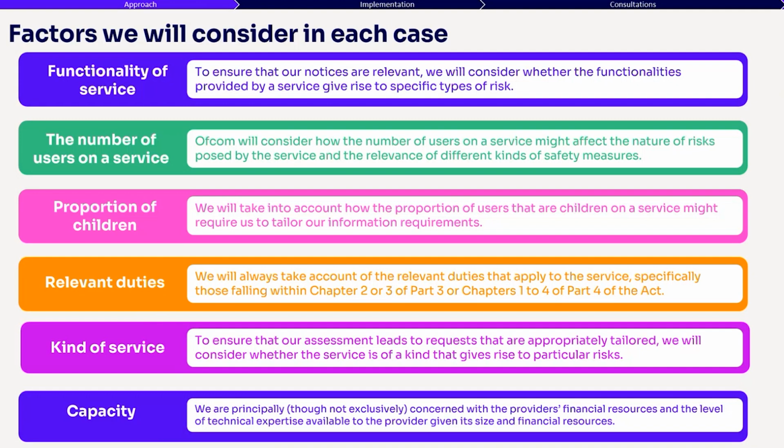The Online Safety Act applies to many types of online service, potentially including social media platforms, messaging services, file sharing services, and many more. So we will consider what kind of service a service is when we design its transparency notice, particularly thinking about the specific risks that might occur because of the type of service it is.